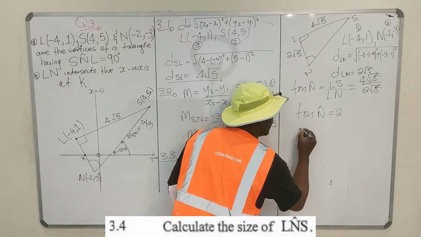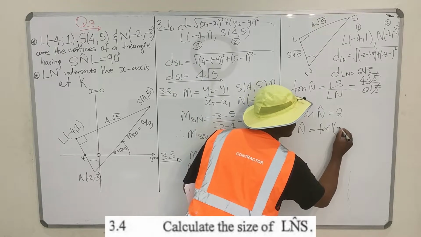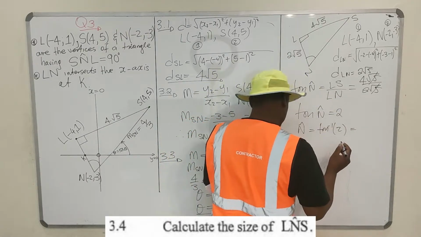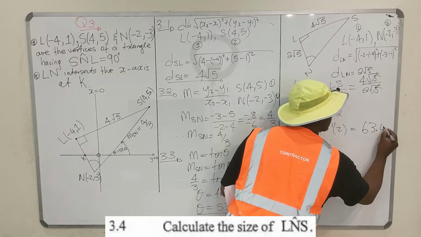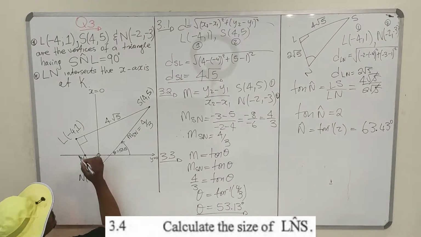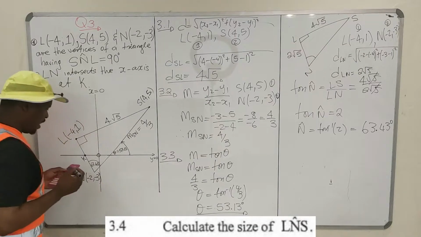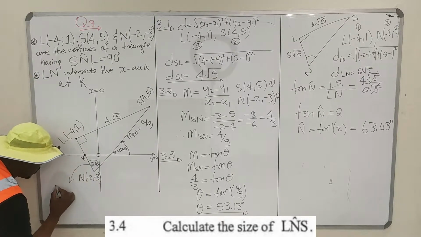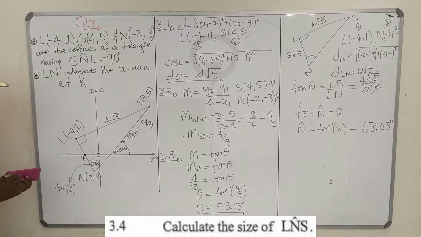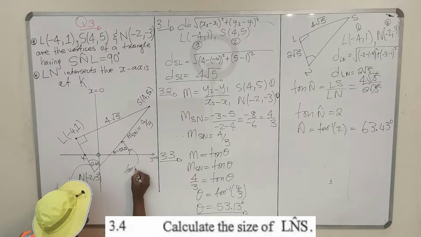So angle n, which is what you're looking for, is arctan of 2. What is arctan of 2? It is equal to 63.43 degrees. So you have this angle here, n, to be 63.43 degrees. Done. How did we define this? It was arctan of 2. That's how we found it. And this one here was arctan of 4 over 3.